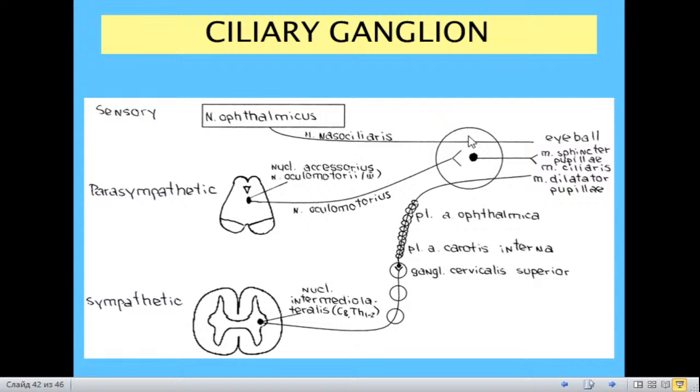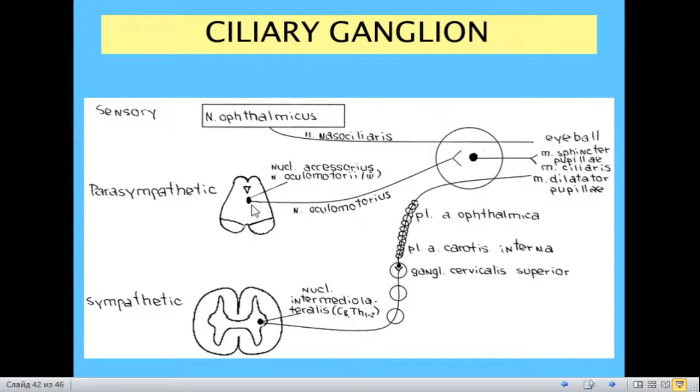So, ciliary ganglion, it gets sensory component from nervus nasociliaris, which is branch of nervus ophthalmicus, which is first division of trigeminal nerve. Then, this ganglion receives preganglionic parasympathetic fibers.